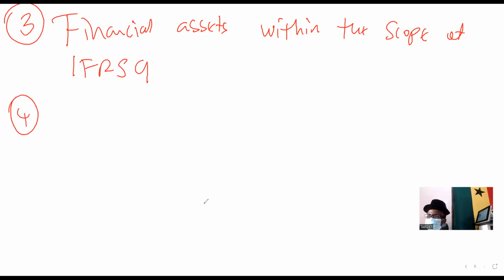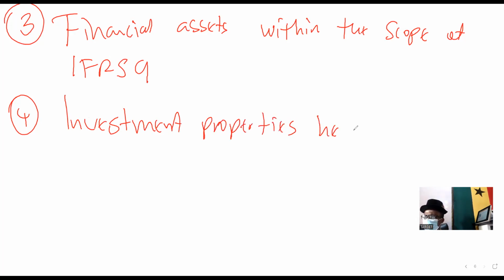Item number 4, that the requirement of IFRS 5 does not govern: non-current assets accounted for under the fair value model in IAS 40. So non-current assets, or I will say investment properties held under fair value model.